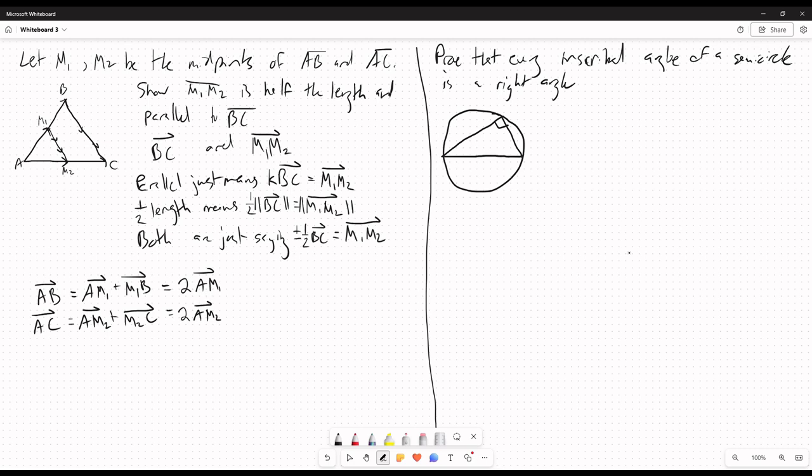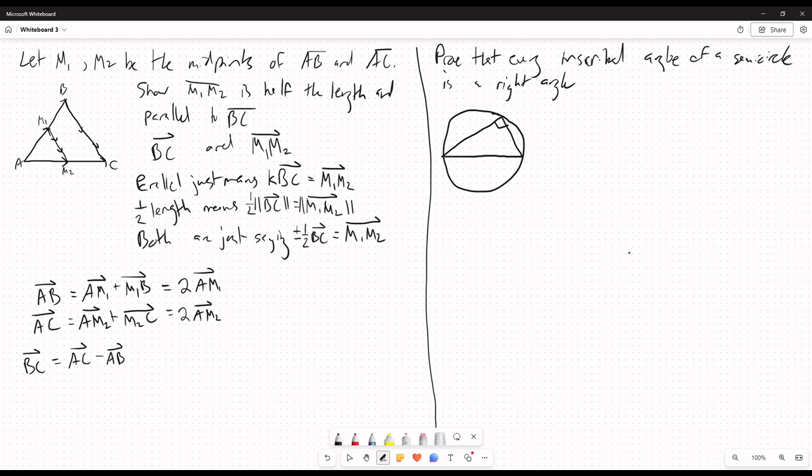Okay, how does that help me? Well, I know that BC is going to be given by the vector AC minus the vector AB, because we subtract the beginning point from the endpoint.